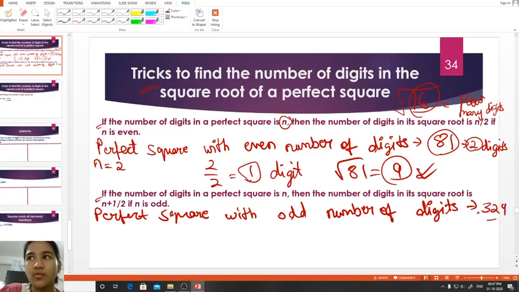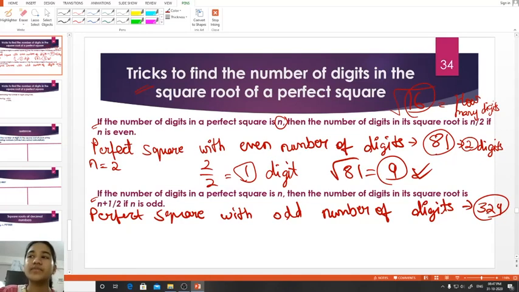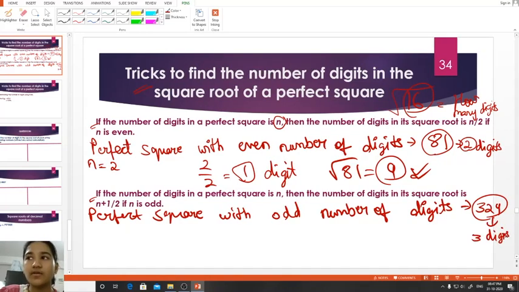It's a perfect square, right? It has 3 digits, so 3 is an odd number. So what will be its square root having? How many digits will it have?